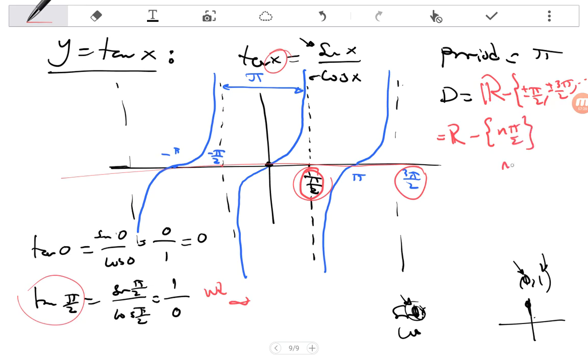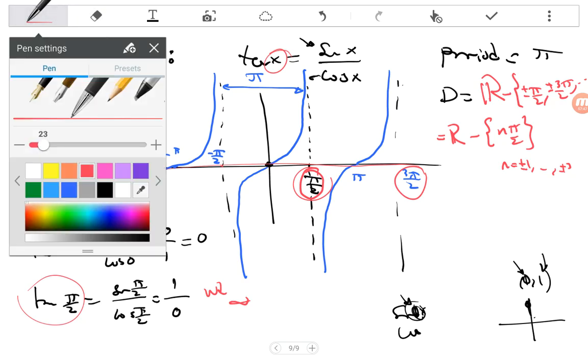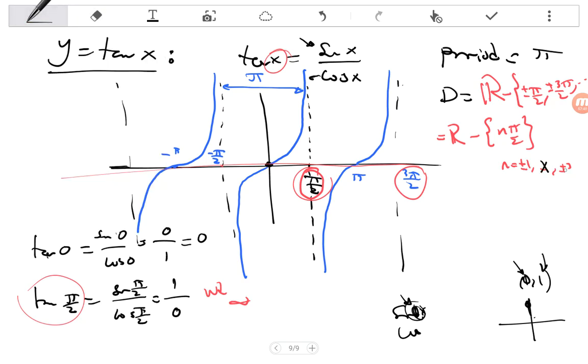But any n? No, n odd: plus or minus 1, plus or minus 3, plus or minus 5, and so on. Plus or minus 2 is not one of the excluded values. We may just write n odd.